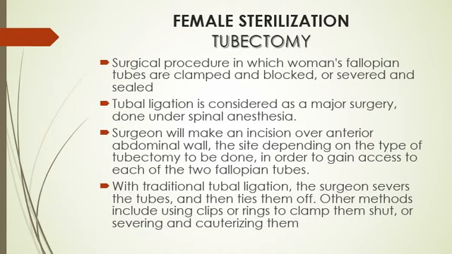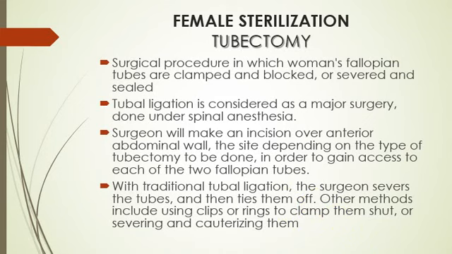In this method, usually the surgeon will make an incision over the anterior abdominal wall. The site and the size depend on the type of tubectomy to be done, which we will come to later, in order to gain access to each of the two fallopian tubes. These are some of the methods, and other methods include using clips or rings to clamp them shut, or severing and cauterizing them.